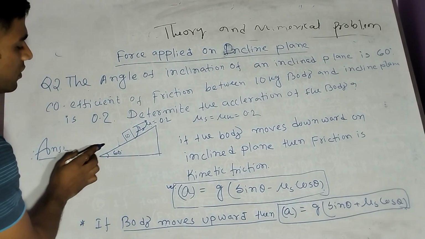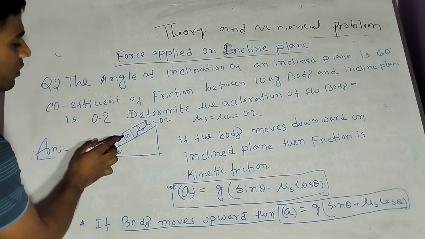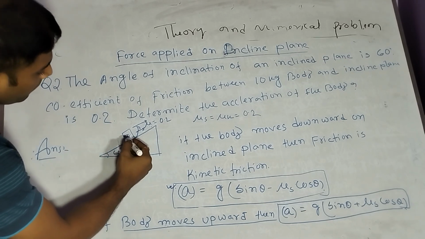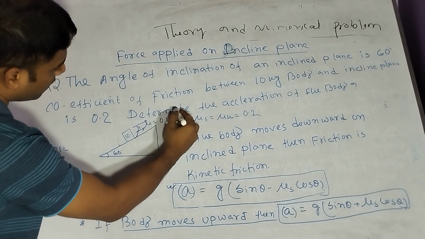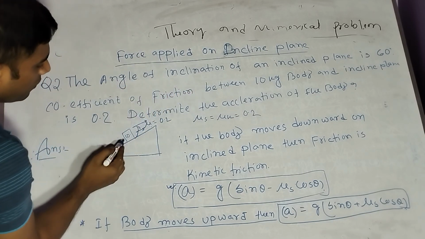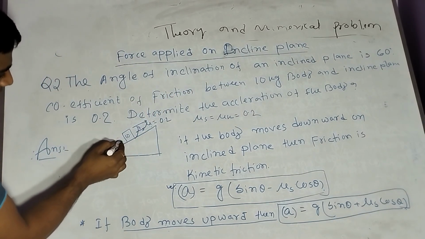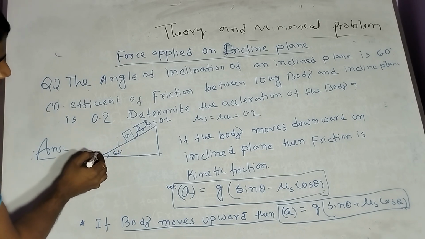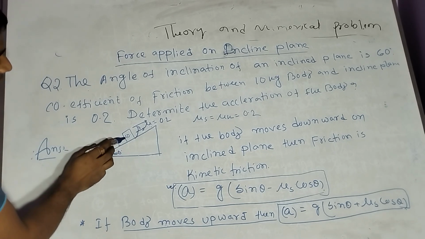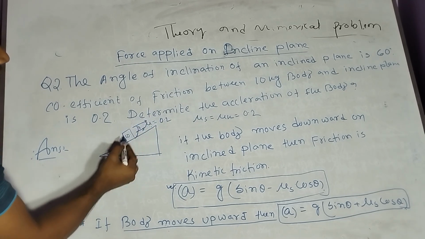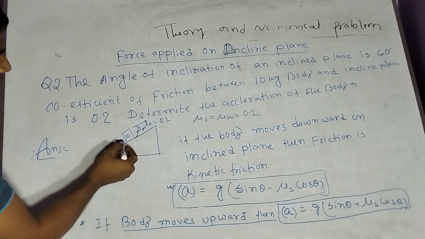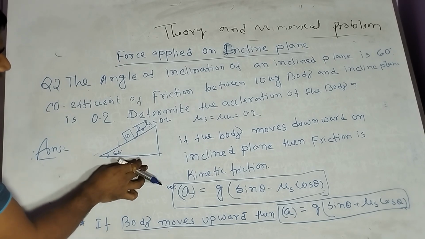If external force is not applied on the body, it will not move upward. Normally the body released from this point moves downward. So the body slips down, and this is kinetic friction.